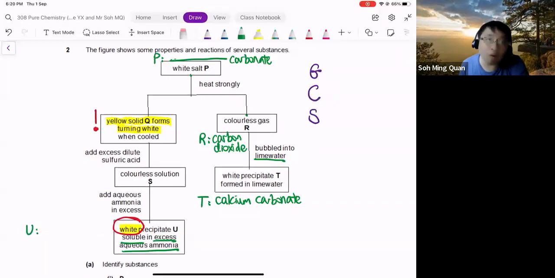If you know which ones will dissolve in excess ammonia, immediately the answer is easy to get. Okay, so you can refer to your OneNote now. Look at which cation will produce a white precipitate in ammonia, and the white precipitate will dissolve in excess aqueous ammonia.